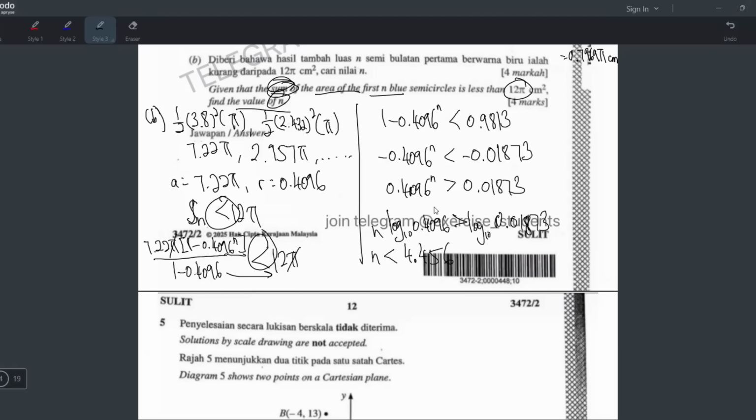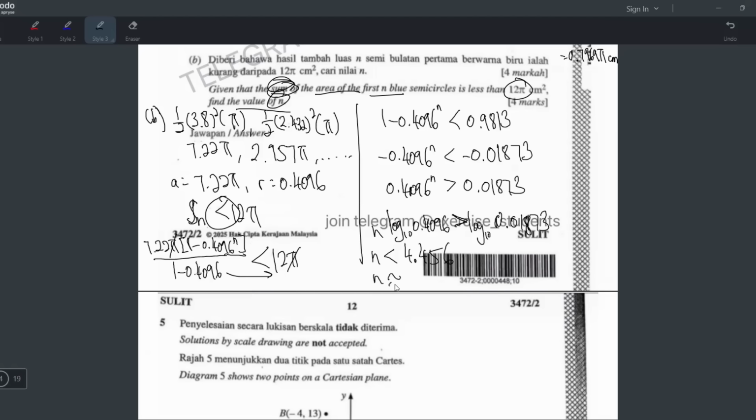I memorised it: whenever it's log of 0 point something, it will definitely be negative. If you want to try it on your calculator, press this separately and you will see it's negative. So negative divided by negative gives positive, but the main point is you have to flip the symbol, bigger becomes smaller.